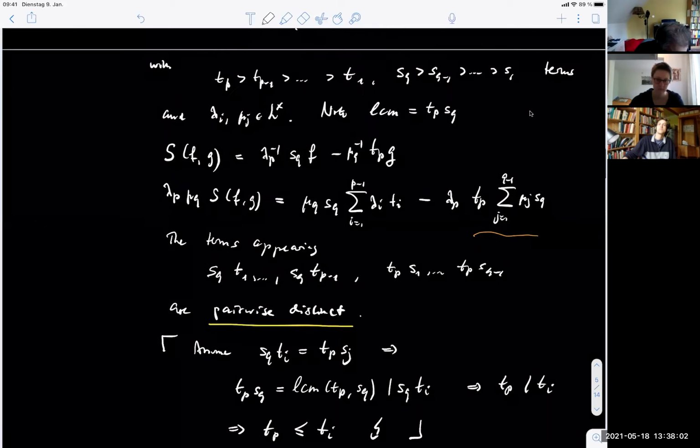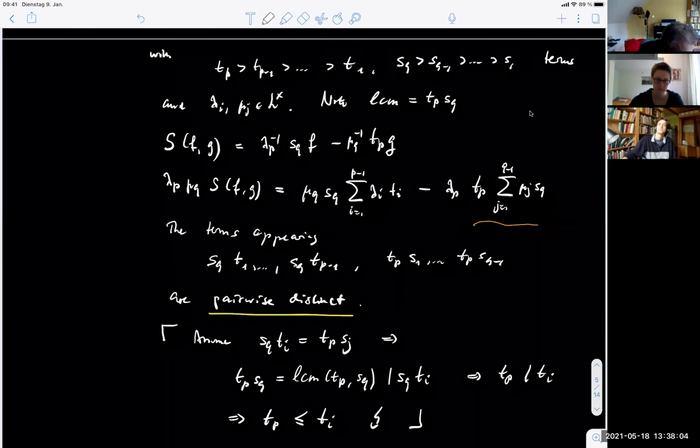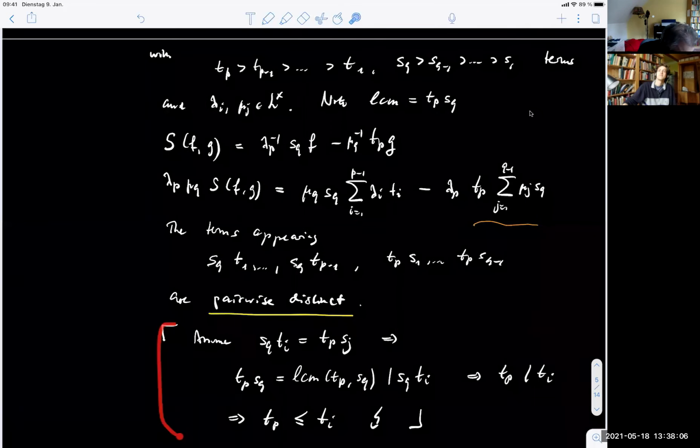I asked about that already, but I think if we have a least common multiple, then it is divisible by SQ and TP, but it's the other way around. Not the least common multiple will divide this, but this will divide the least common multiple.